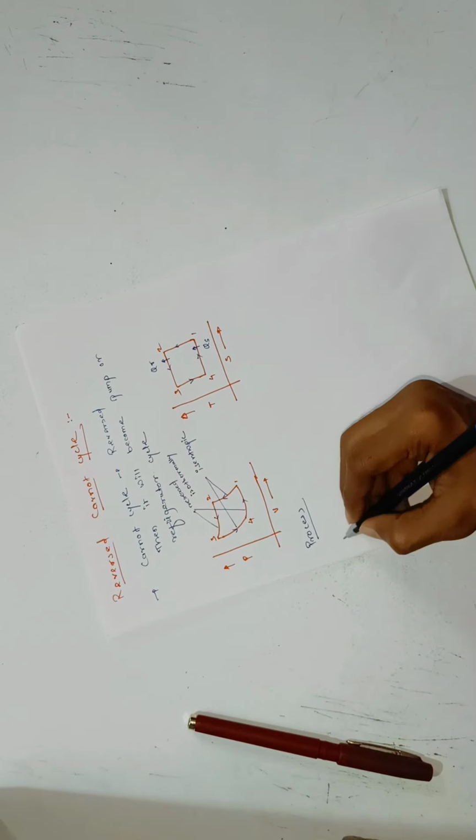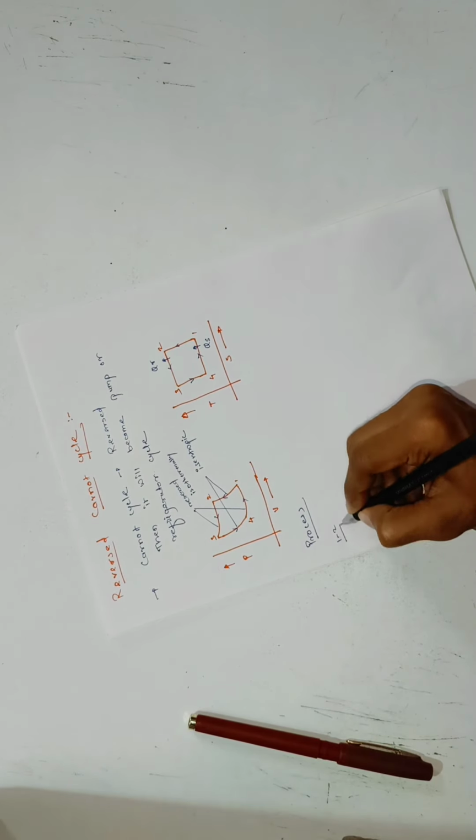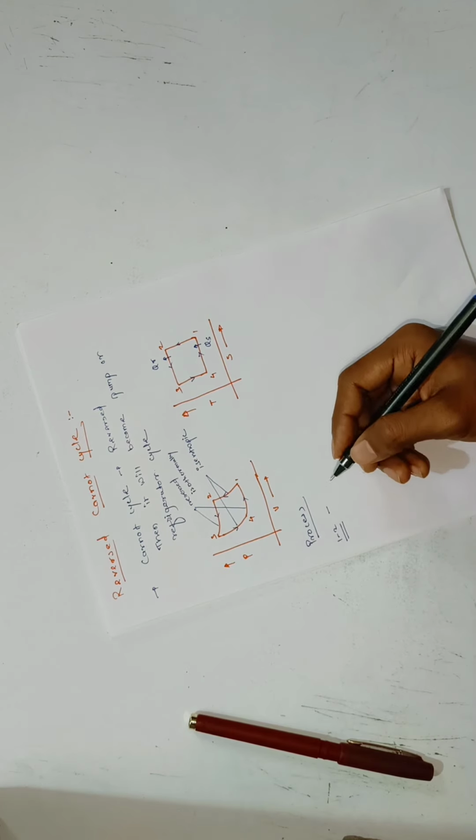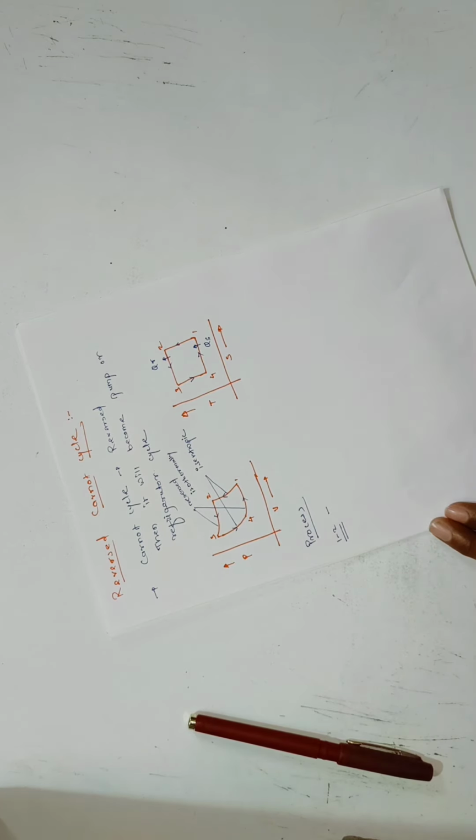From the 1 to 2 process, what do we get in this process?